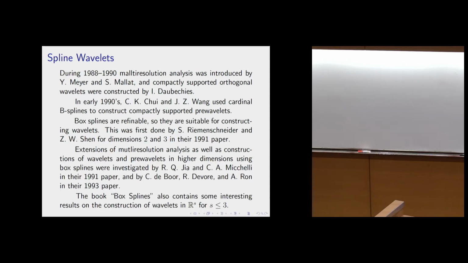But using B-splines to construct wavelets in lower dimension, and the reparametrization work, was probably first done by them. Later also my joint work with Micchelli, also de Boor, and Ron. But I would like to emphasize that the reparametrization work in this direction was an early leader in this research.